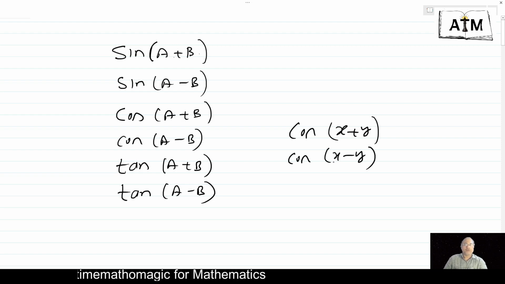So today I will tell you how to expand these trigonometric ratios for the addition of angles, where a and b are angles. So a plus b is the addition of angles and a minus b is the difference of angles.